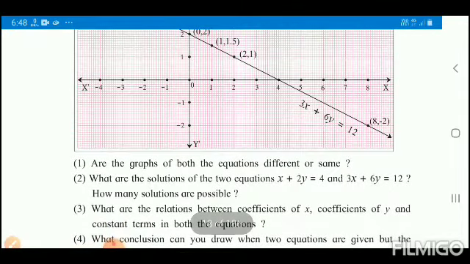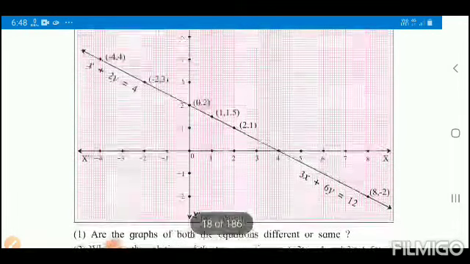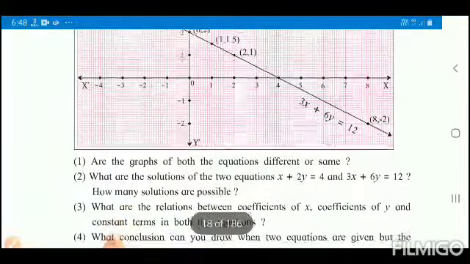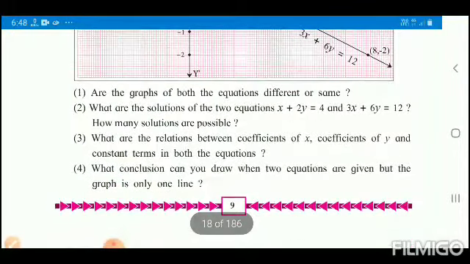Okay. If you see, all these points are collinear points. So all these values are solutions for the equations. So you can say that there are infinite solutions of these equations. How many solutions are possible? Infinite solutions are possible.